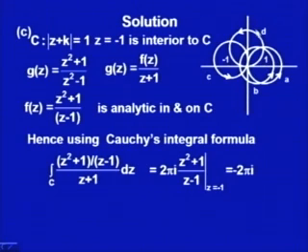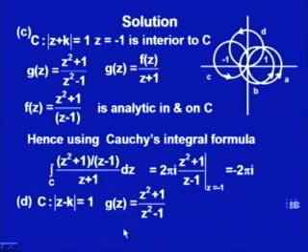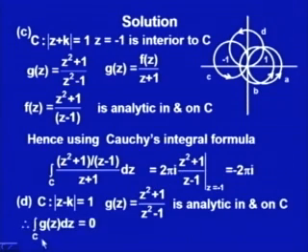So, if I take this contour and its interior, in this domain my function g z is analytic. So, using this Cauchy integral theorem in the simply connected domain, we simply get that the integral along this contour g z d z should be 0.